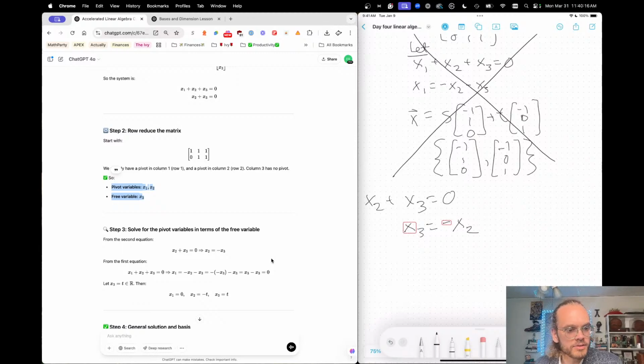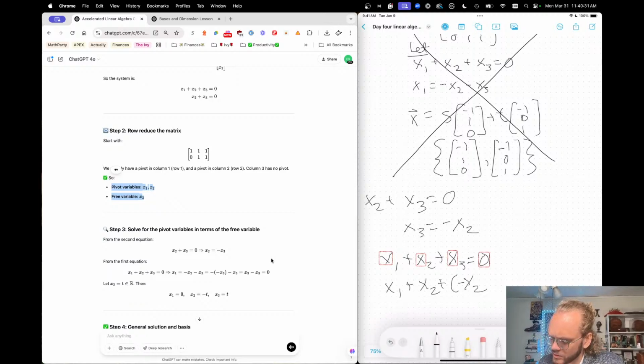Aha, this is clever. So then from the first equation, I get x sub 1 plus x sub 2 plus x sub 3, and I can do some substitution here. x sub 3 is negative x2. So x sub 1 plus x sub 2 plus negative x sub 2 equals 0.